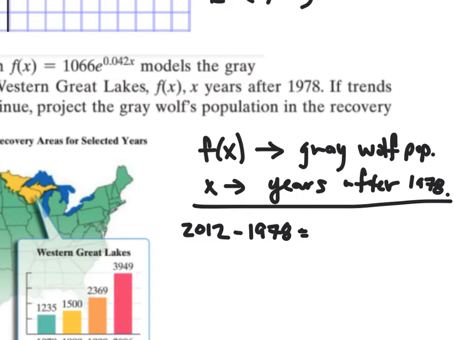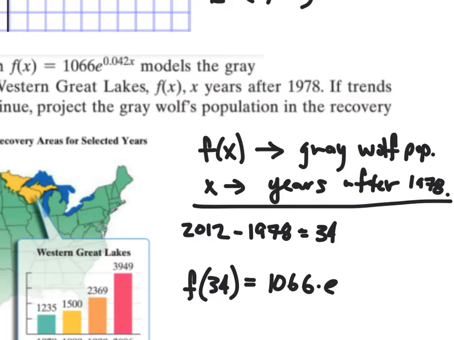When I subtract those two numbers, I get 34. So we are plugging 34 into this function: 1066 times e to the 0.042 times 34 power.